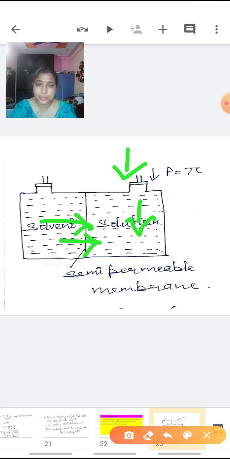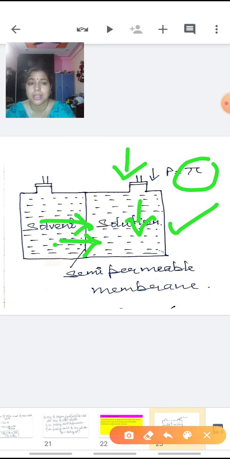This pressure which is applied on the solution side to just stop the process of osmosis is called the osmotic pressure, denoted by pi. So, the pressure which must be applied on the solution side in order to stop the process of osmosis is called osmotic pressure and is denoted by pi.